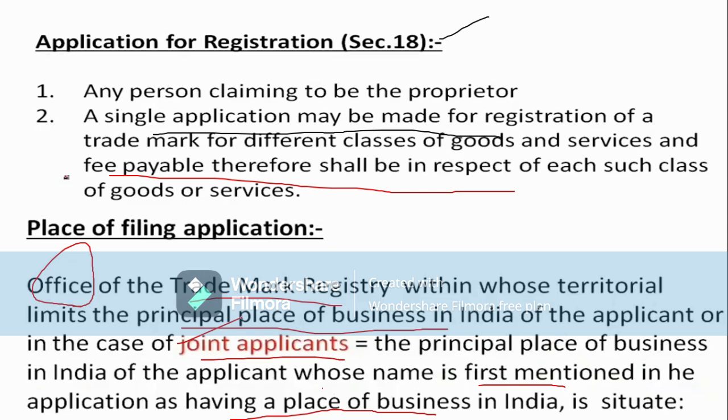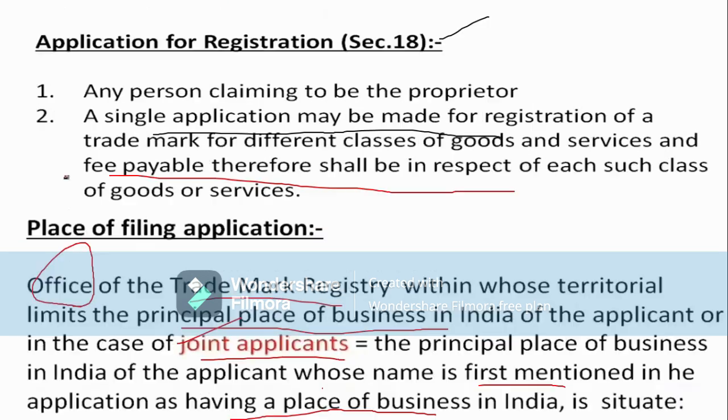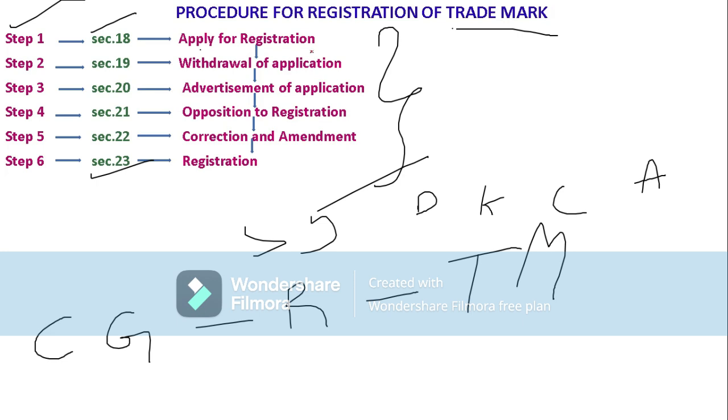Now, if we see acceptance or refusal of application. After we apply for registration, the examiner or the registrar may accept the application, or he may reject the application.